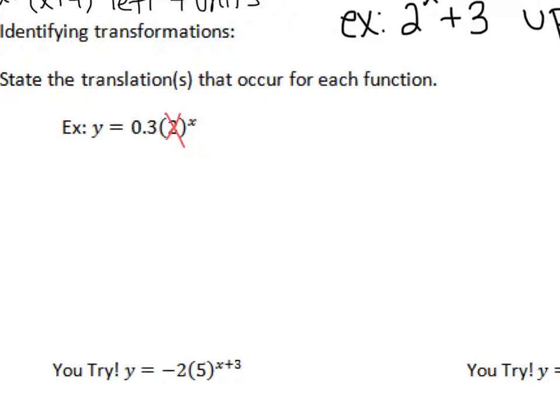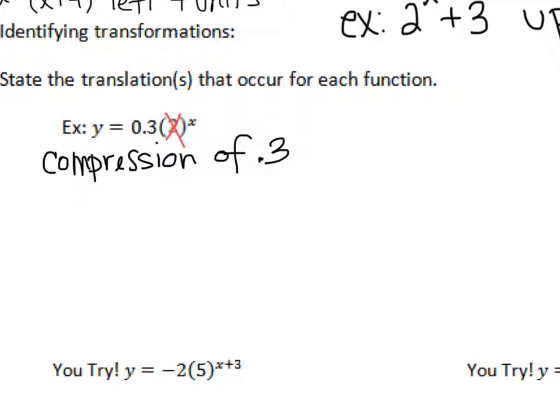So I look at what else is in that equation, and the only other thing is a 0.3. So the 0.3 is being multiplied, which means it's either going to be a compression or a stretch. So compression means the number being multiplied is between 0 and 1, and stretch means the number being multiplied is greater than 1. Well, 0.3 falls between 0 and 1, which means this is a compression of 0.3.